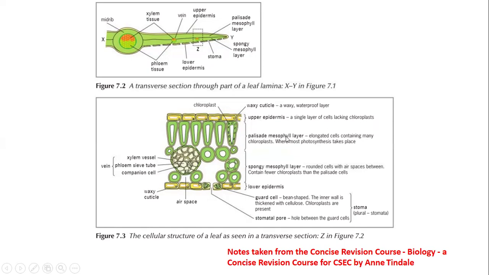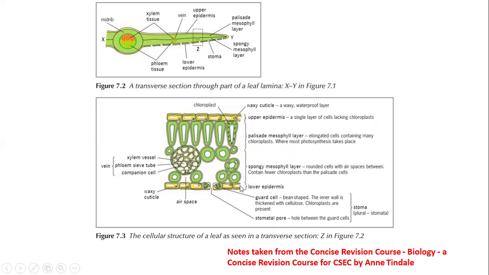Then we have the palisade mesophyll layer, elongated cells containing many chloroplasts, where photosynthesis takes place. So this layer is where photosynthesis really takes place. Then we have the spongy mesophyll layer, rounded cells with air spaces between them, containing fewer chloroplasts than the palisade layer. So ensure we know all of this, guys.